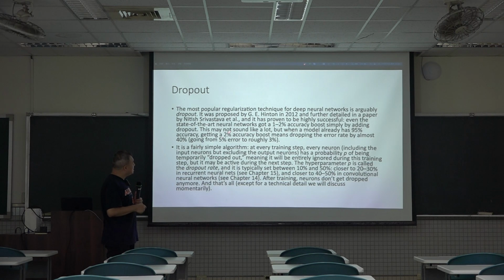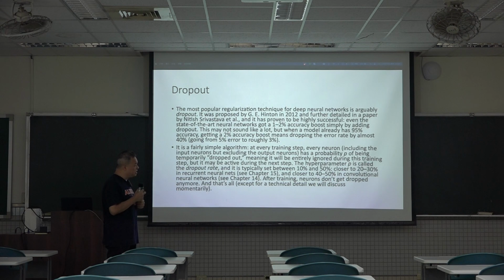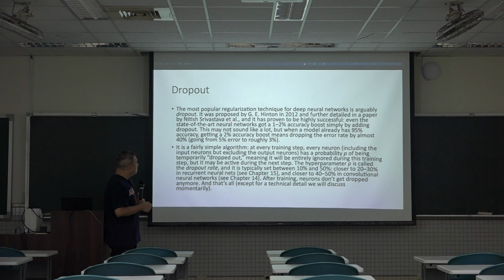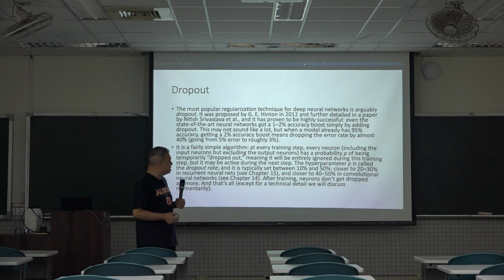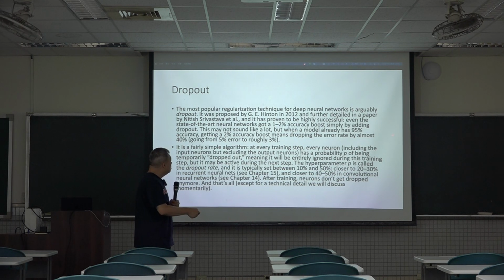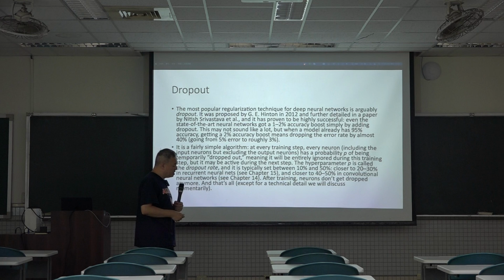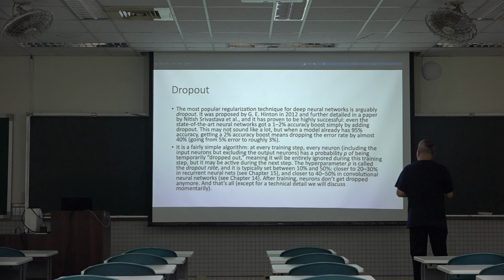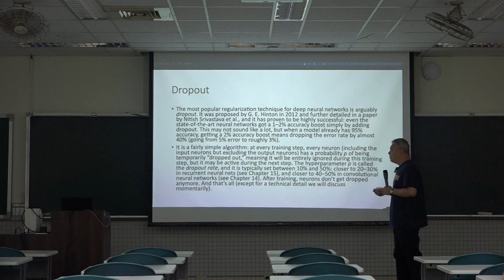Of course, you may feel like this 2% is not that much, but consider if your model is already maybe 90% accurate, then getting a 2% accuracy increase is a big thing. It means a reduction of the error from 5% to 3%. That's a 40% drop of the error rate. So that's a big thing. You shouldn't consider this 2% as a small one.